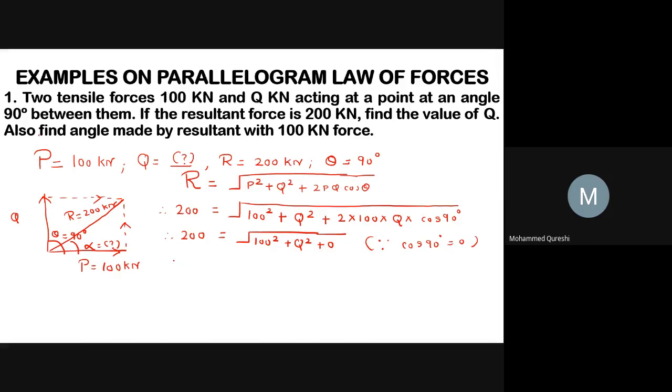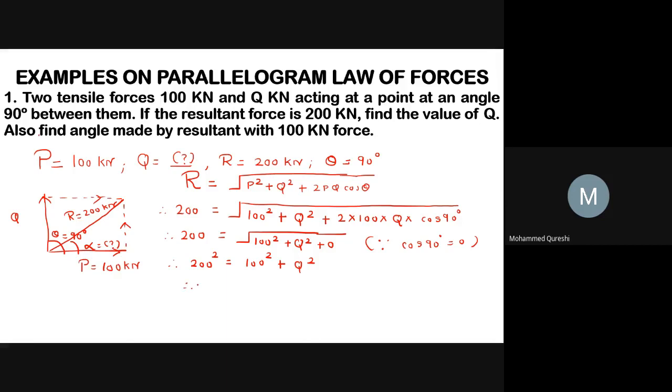Now our next step will be 200 square, we are squaring on both sides, equals 100 square plus Q square.